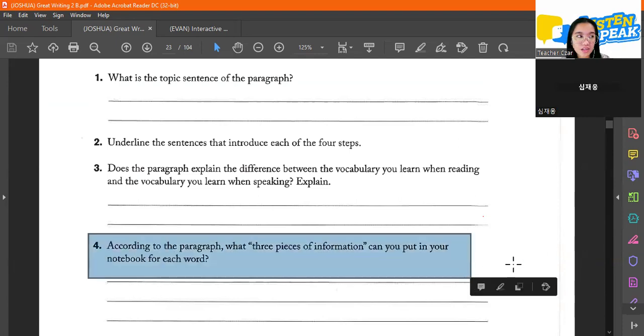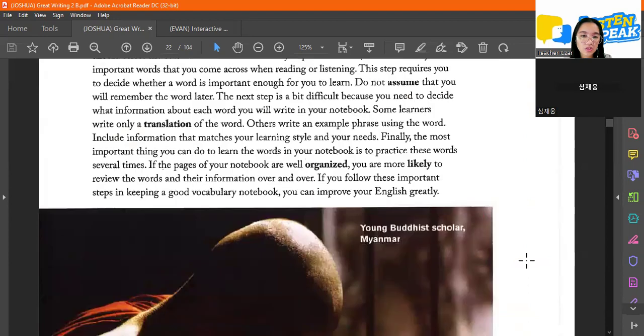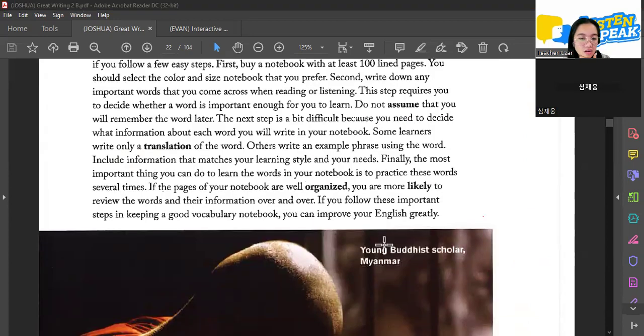Did you read the question now? Yes. Okay. Now, can you please try to find the three pieces of information you can put in your notebook? Because here, the first step, first you need to buy a notebook. Next, write down many important words.